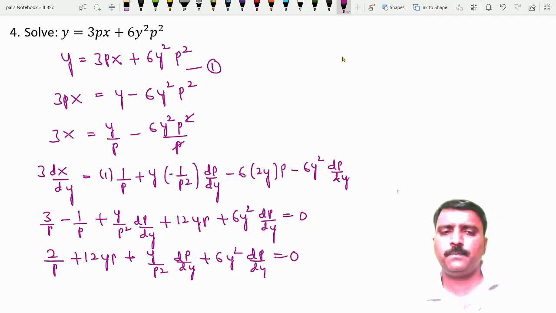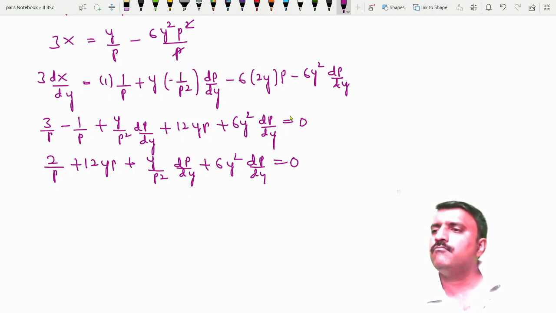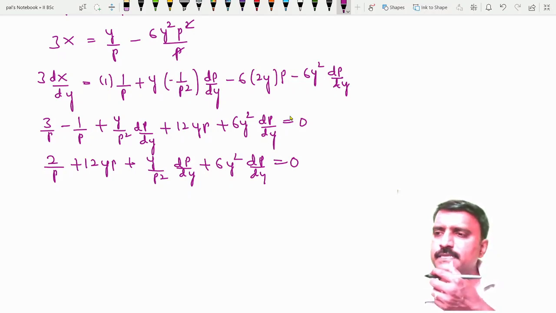is equal to 0. Okay, next step you take 2 as the common factor, or you take 2 by y as the common factor. If you take y by p square as a common factor, 6y is remaining there.